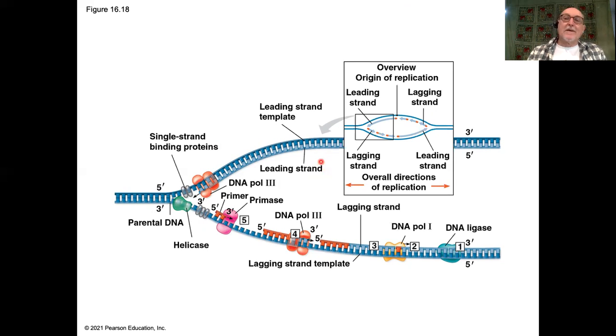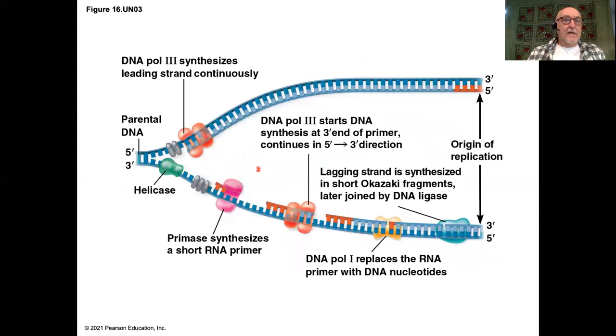One of the ways in which this does happen is that bases are put in incorrectly with a certain regularity. You can work out how often it happens. But one of the amazing things about DNA polymerase 3 is that it is able to proofread.